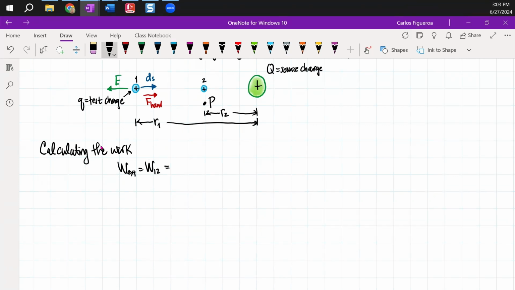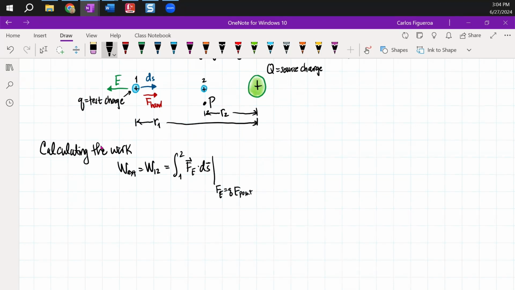So we know that we have to overcome the force here due to the electric field. So then I'm going from 1 to 2, and I have F_E dot ds. I know that the field here is related to the force by Q times the E field of a point.